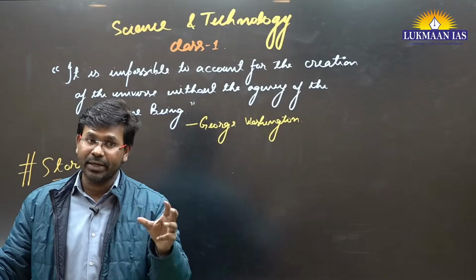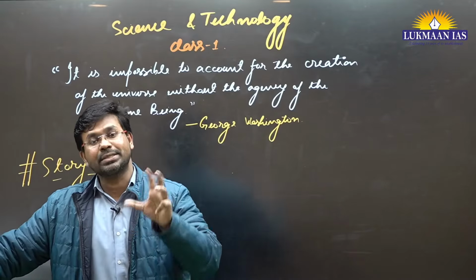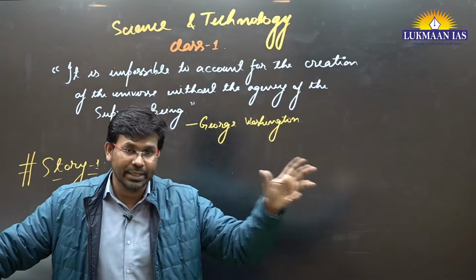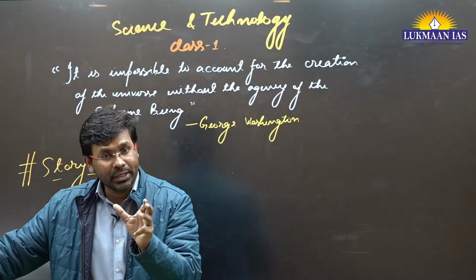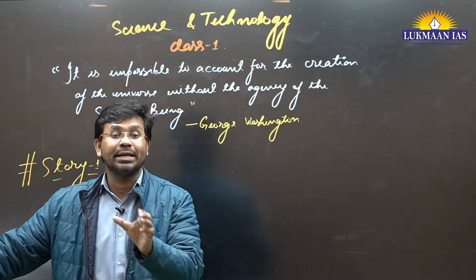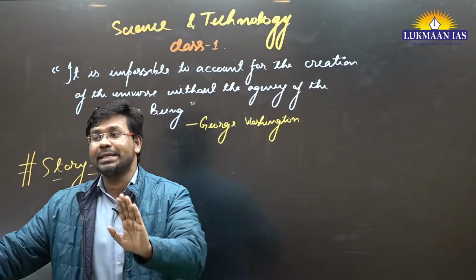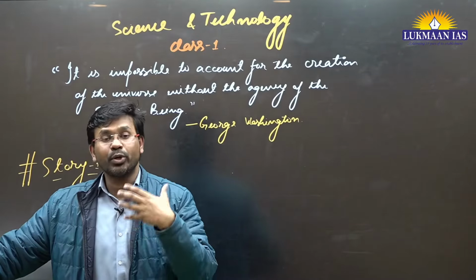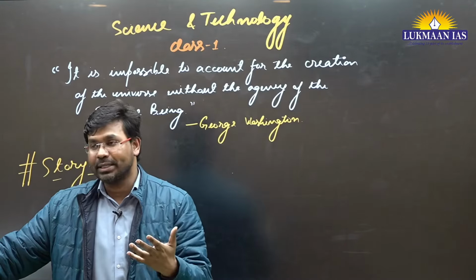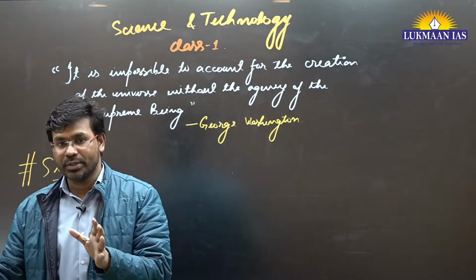Some theories have given experimental proof that this is how the universe might have been created. But still, today, there is no single idea that dominates all over the world. Somewhere something is lacking, but research is going on. So today we are going to talk about one important thing: how the universe was created.